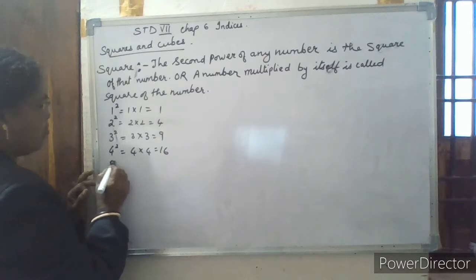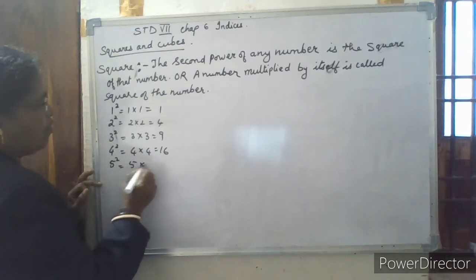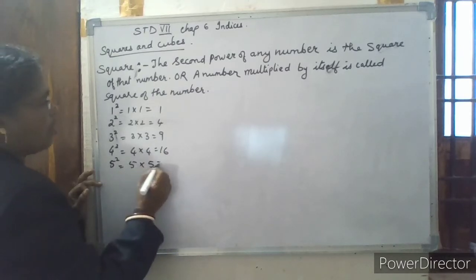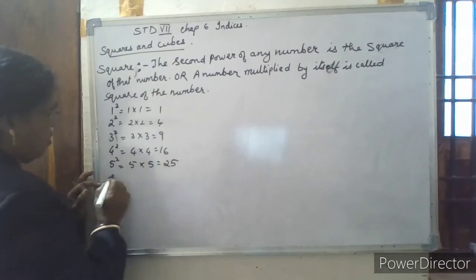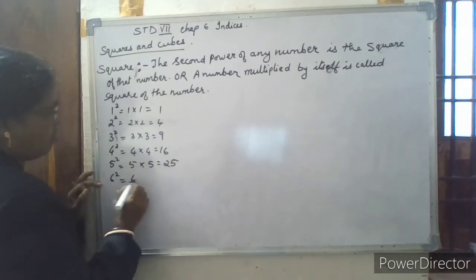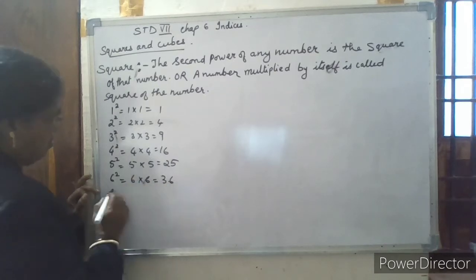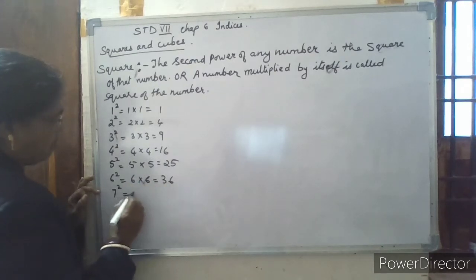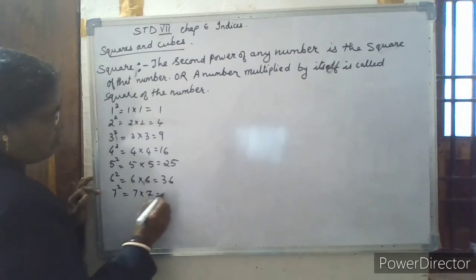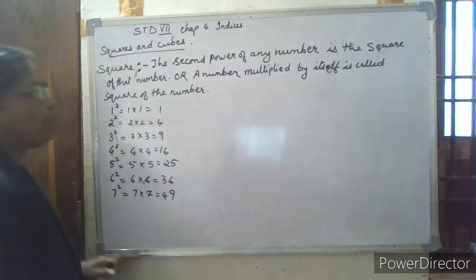Then 5 squared is equal to 5 into 5, that is equal to 25. 6 squared is equal to 6 into 6, that is equal to 36. 7 squared is equal to 7 into 7, that is 7 sevens are 49, and so on.